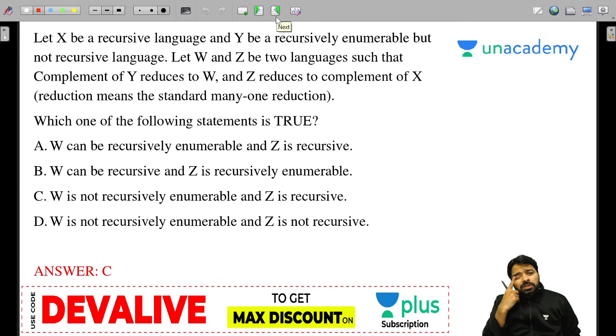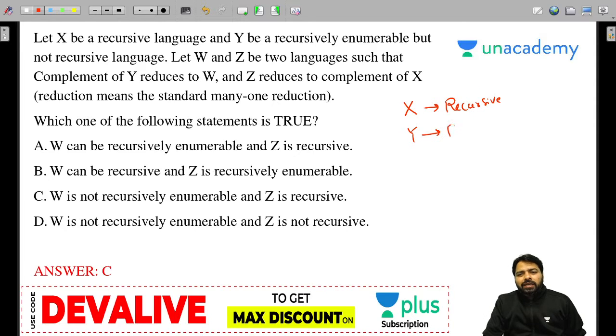Yeah, for this you need to have reducibility knowledge. X is a recursive language. And Y is REL, but not recursive. And W and Z are two languages, but they have not confirmed it.